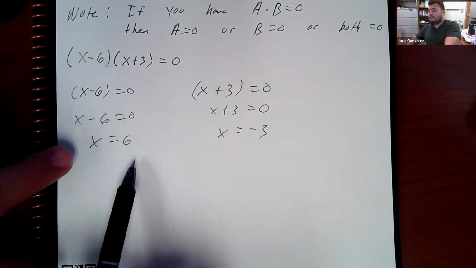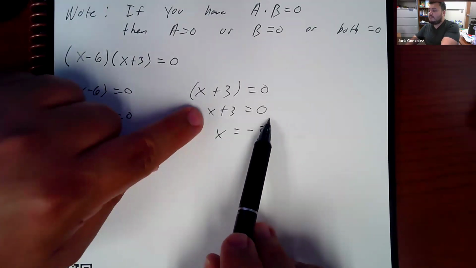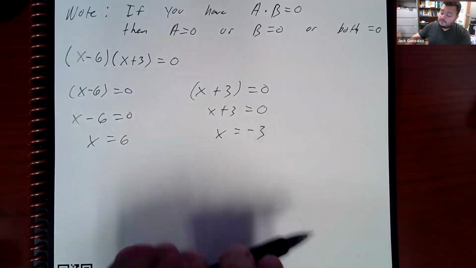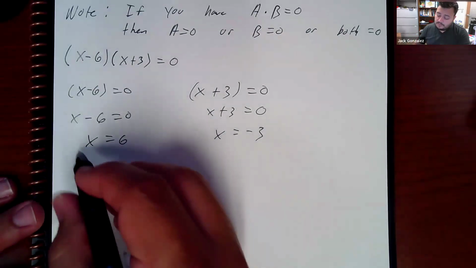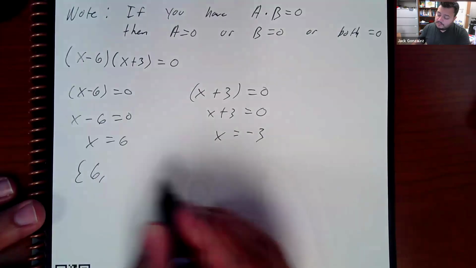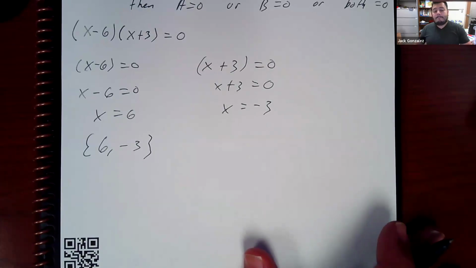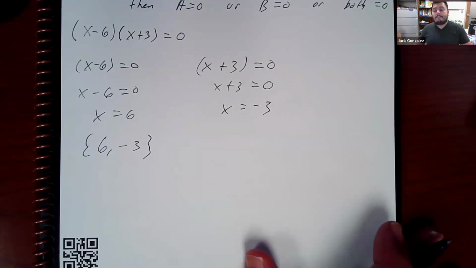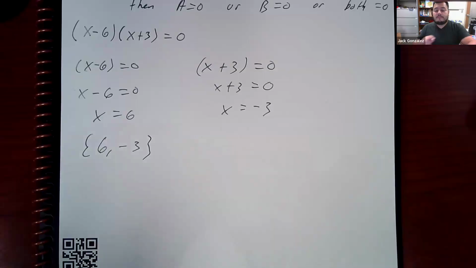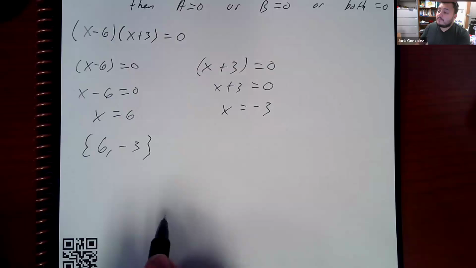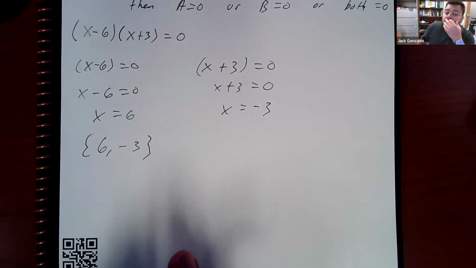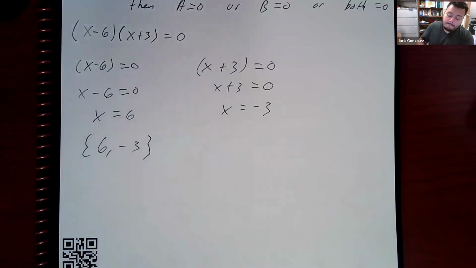Add 6 on both sides, get to here. Subtract 3 on both sides, get to there. So your two solutions would be this. So you would type in 6 comma -3 into the homework. Any questions on this first one?